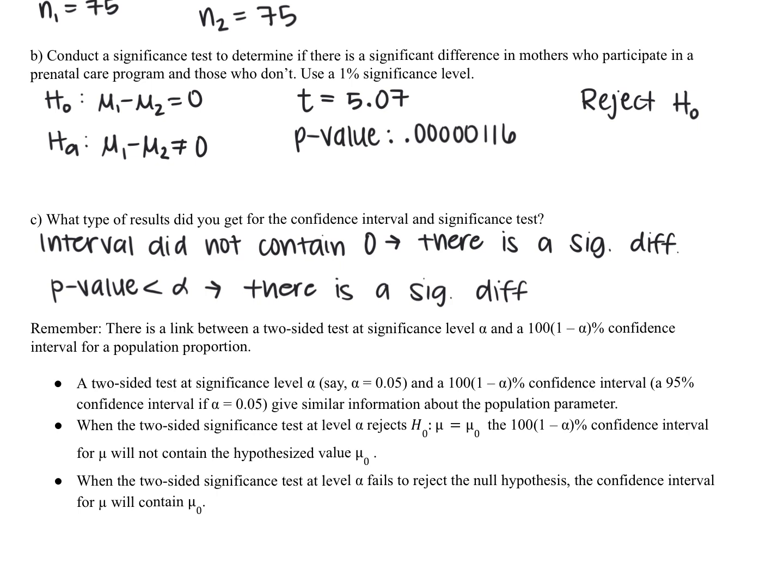So if your significance test rejects your null hypothesis, then the confidence interval will not contain your mean of 0. And if you fail to reject, then the confidence interval will contain 0. So it's kind of a nice thing. It only works for two-sided though, where you're comparing them. So you can use a confidence interval to make an inference about the population instead of performing a significance test.